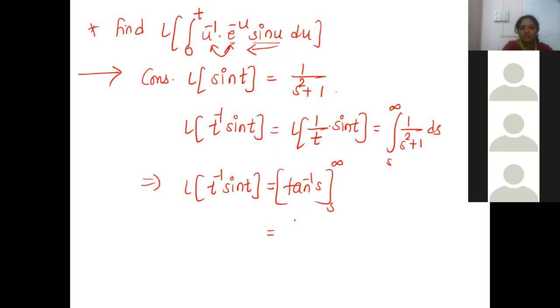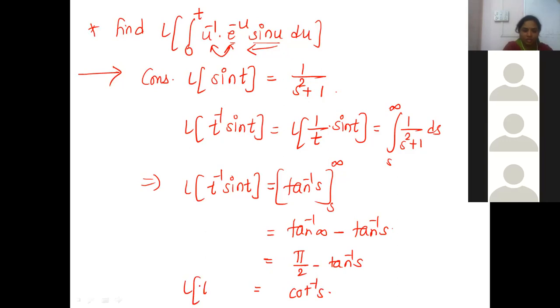It is tan inverse infinity minus the lower limit, s itself, tan inverse s. What is tan inverse infinity? Pi by 2. Pi by 2 minus tan inverse s. And what is pi by 2 minus tan inverse s? Cot inverse s.